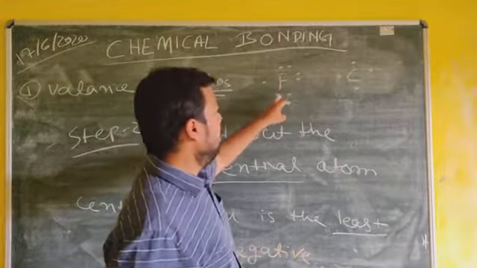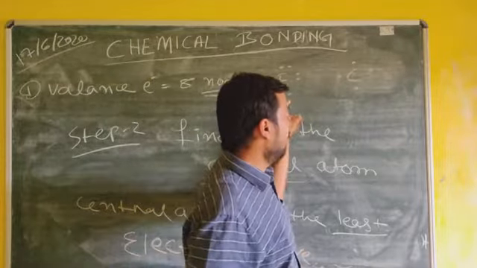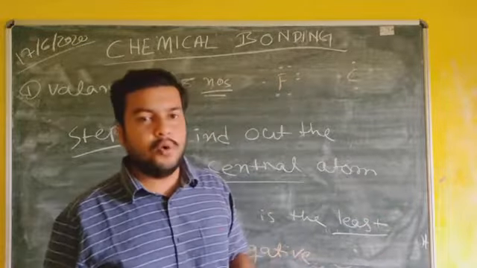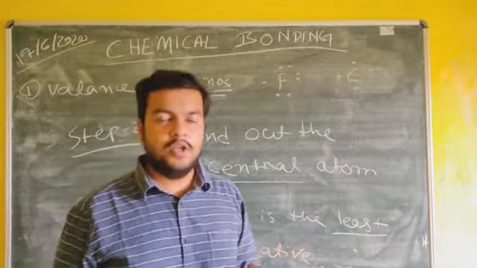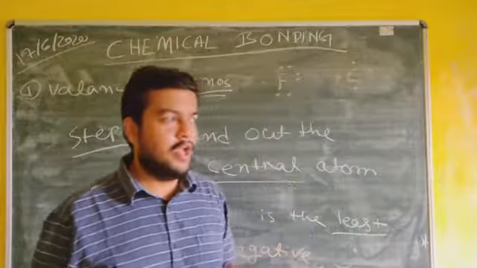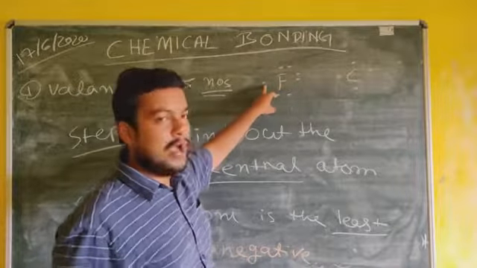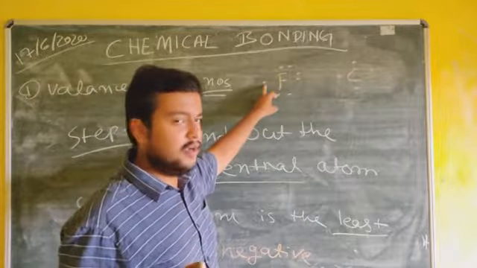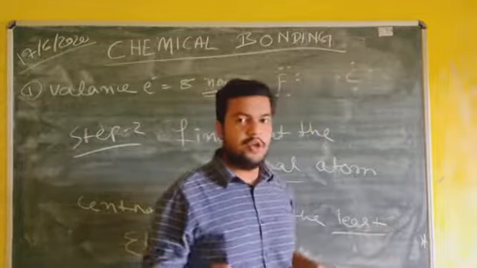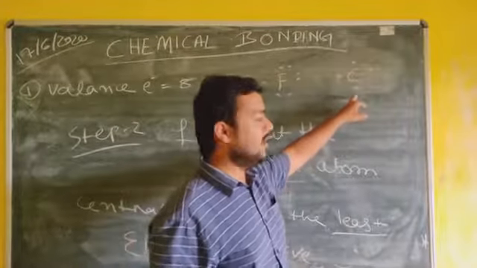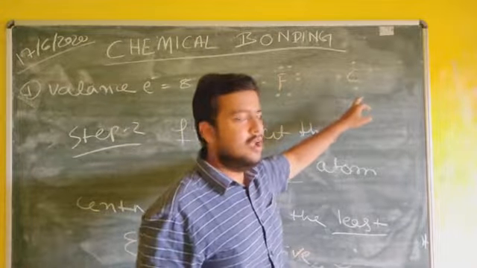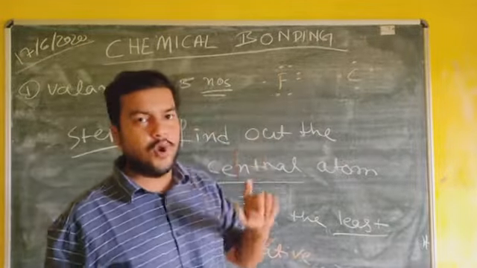So which of these, fluorine or carbon, do you think is more likely to gain 1 electron, or is more desperate to gain 1 electron? That is fluorine, because if fluorine gains only 1 electron, then it can achieve its objective. But carbon has to gain 4 electrons. So it is more difficult for carbon to gain 4 electrons, but much easier for fluorine to gain 1 electron.